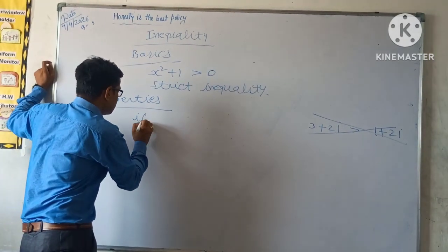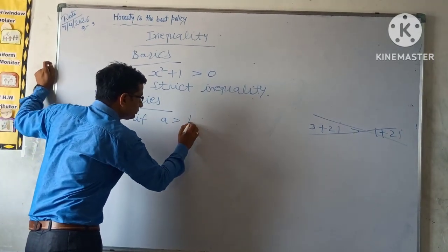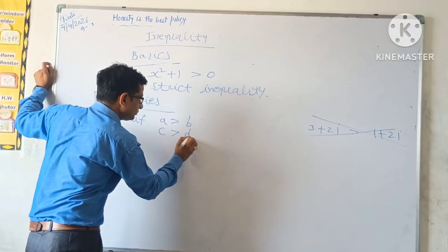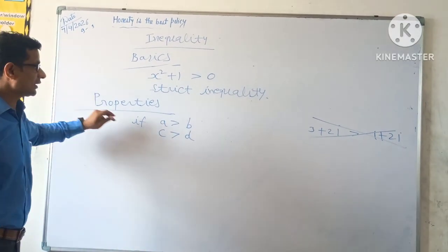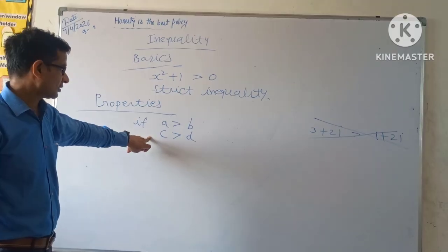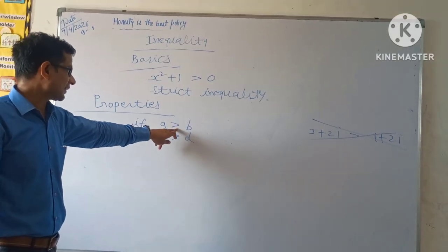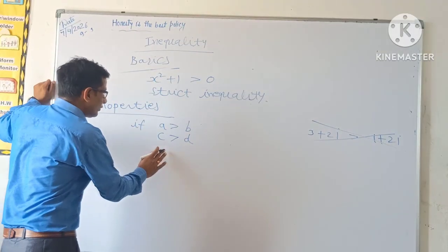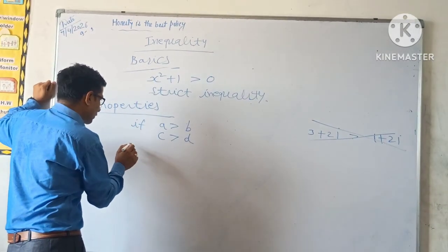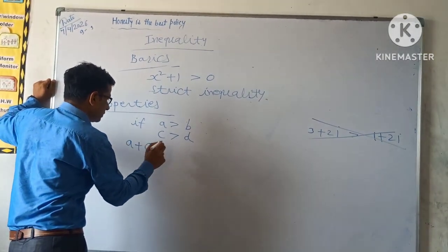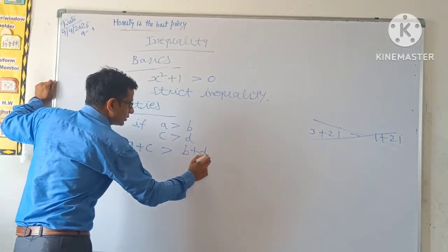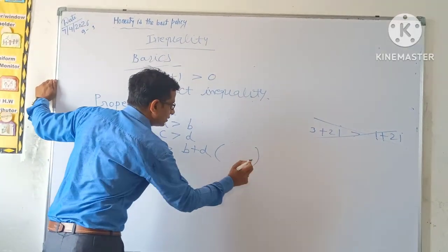Suppose A is greater than B and C is greater than D. These are two inequalities of the same nature, meaning both have the greater than symbol. We should think about whether we can write like this or not. A plus C greater than B plus D: is this right or wrong?